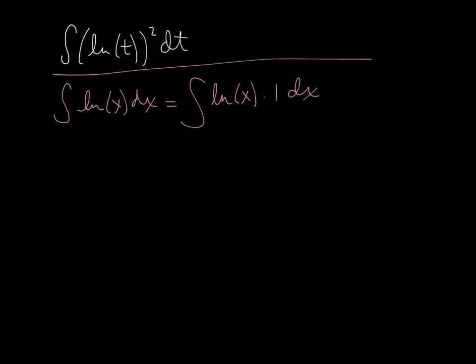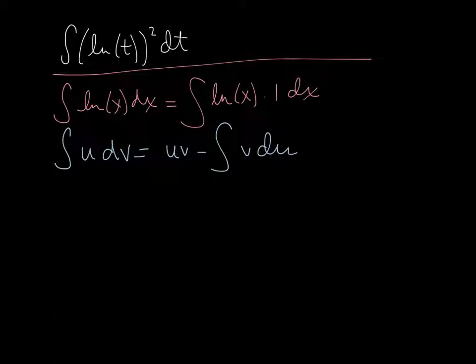We remember our integration by parts is the integral of u dv equals uv minus the integral of v du. My u in this case is ln of x.